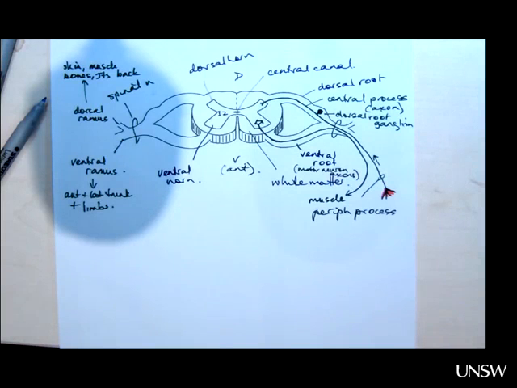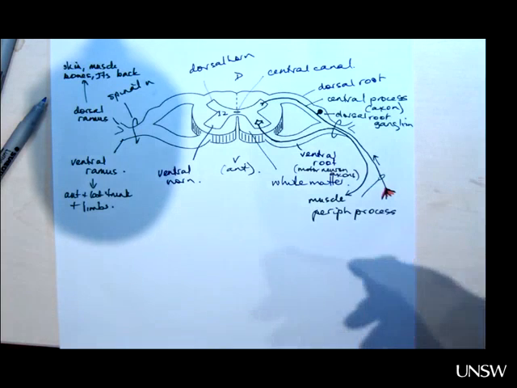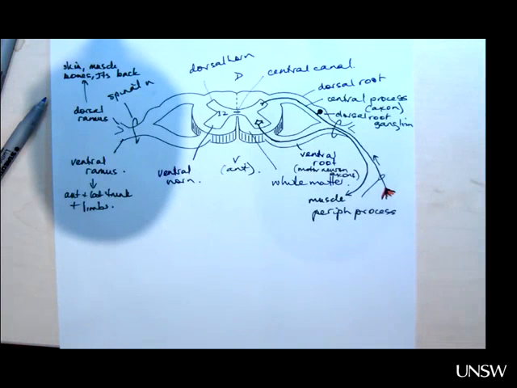And you will learn about some tracts. I think in this course you might do the spinothalamic, which is actually the one that I've drawn there, but there are several others. Okay, so the tract here that you can see is going to be a sensory tract because the cell body is in the dorsal horn, and it's receiving incoming information from a sensory neuron.